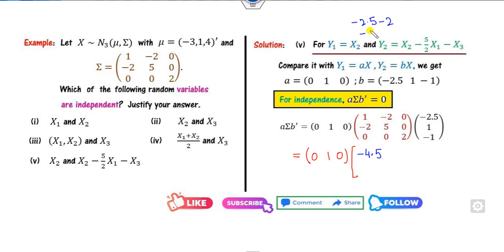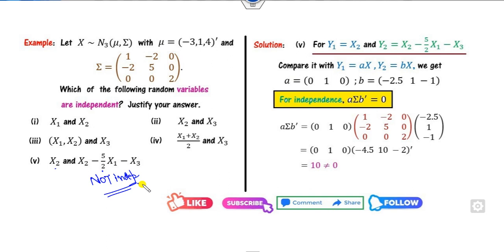Next number is minus 5 plus 5 plus 5 plus 0, that is 10, and the last number is minus 2. So if you multiply them you will get 10, which is non-zero. Hence y1 and y2, that means these components, are not independent. Or you can say they are dependent variables. This is the first method.